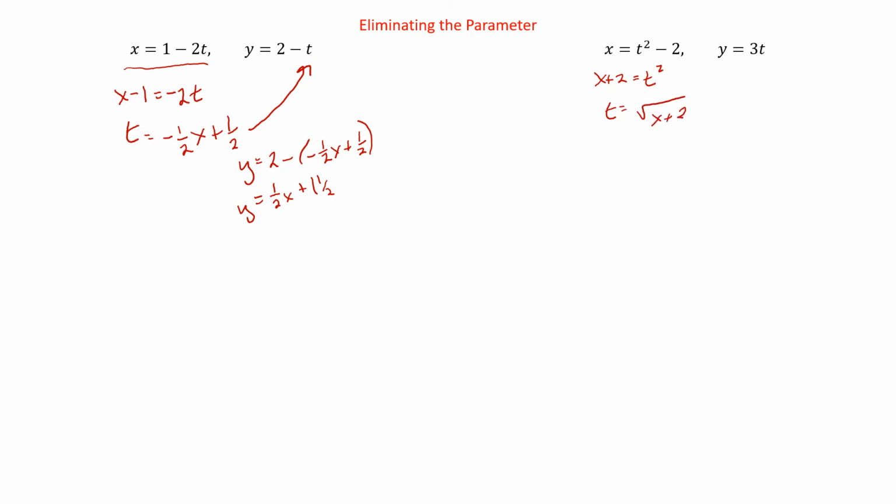But remember, when we square root both sides, we get a plus or minus, because either positive or negative t could be in there. Plug that in over here for y. So y equals plus or minus 3 times the square root of x plus 2.